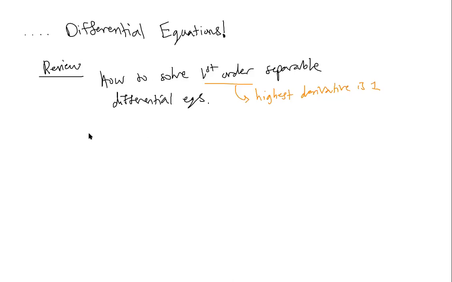So for example, let's do y prime minus 3y equals 0. If you prefer, you can write this as dy/dt, or dx, minus 3y equals 0.